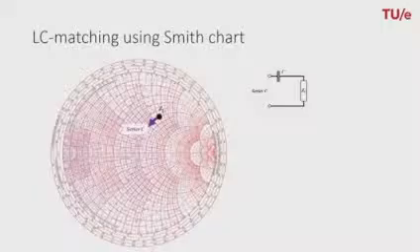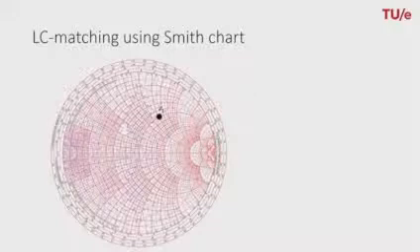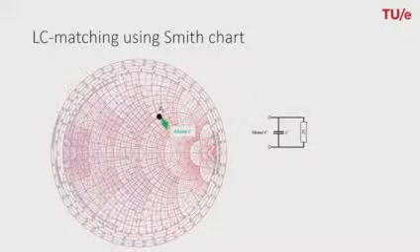If we add a series capacitor to this load, we move along the circle with constant resistance, as indicated here in the Smith chart. If we connect the load to a shunt capacitor, we move along the circle with constant conductance, as indicated here by the green arrow in the Smith chart.